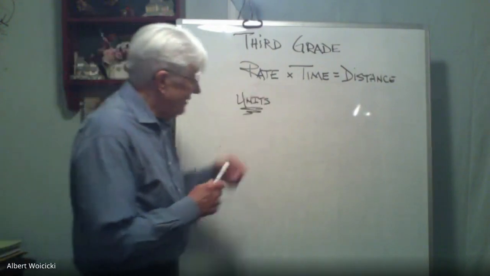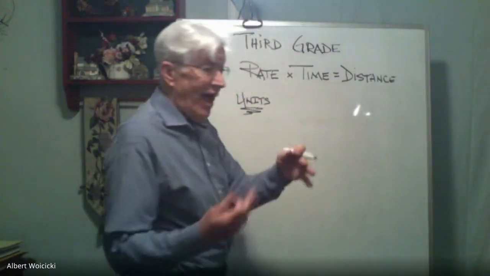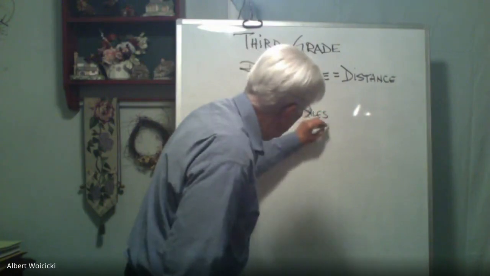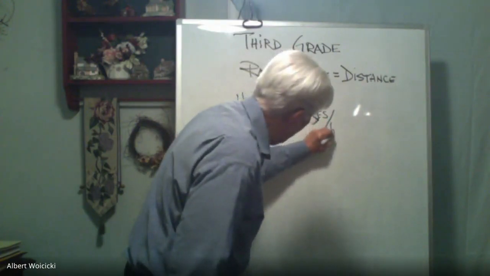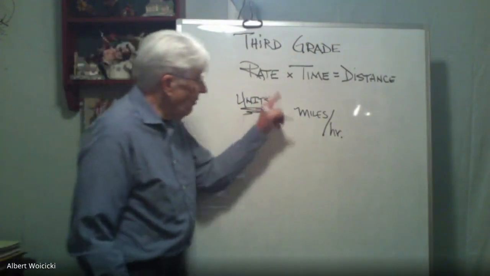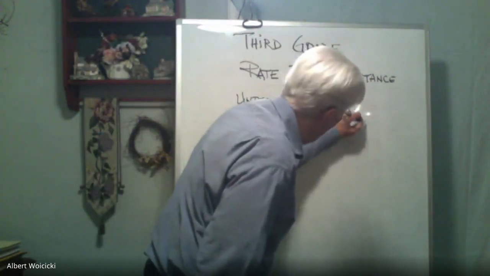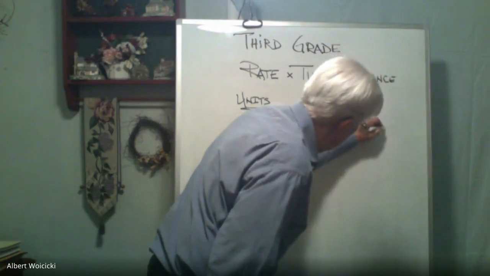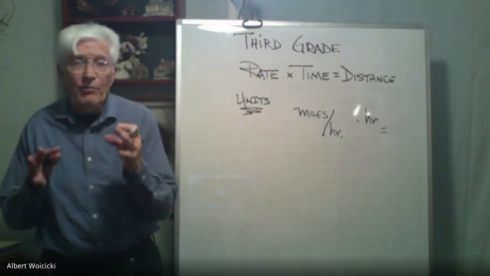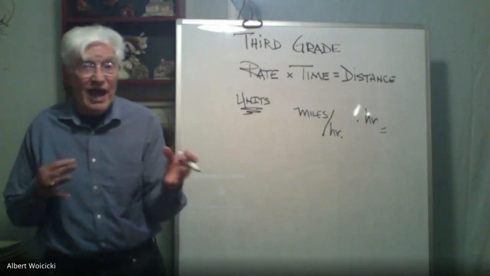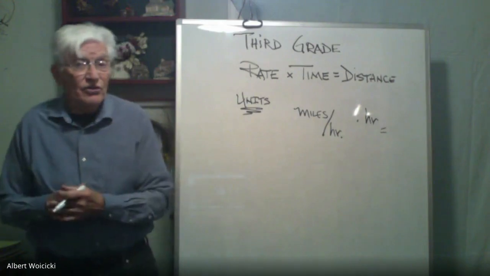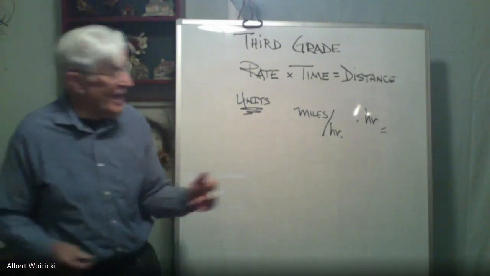So rate, let's go miles per hour. Now, I'm multiplying this idea by hours. But if you remember, this is just like we have fractions, and multiplying fractions, we can factor the hours.